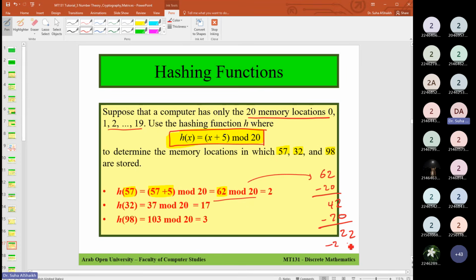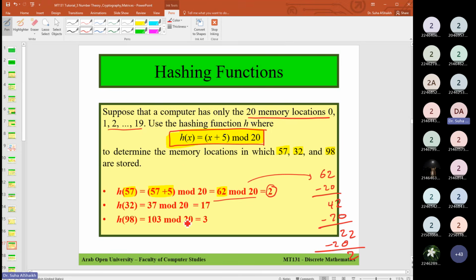And I subtract 20 a third time. This is 2. So the remainder is 2. You get it? Like there we subtracted 26 until we reached a value within the first 26 digits. The same thing here: I'm going to subtract 20 again and again until I reach a value less than 20, which is 2 in this case.